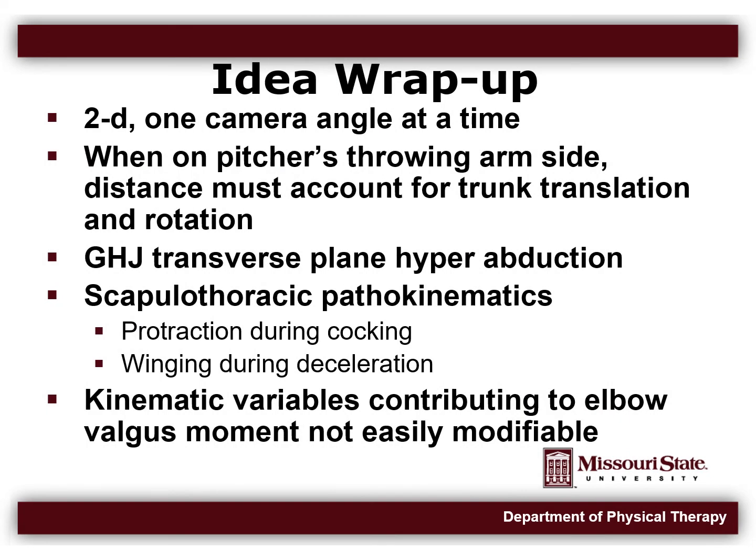So in wrapping up, one more thing that we want to review is that there's a lot that we can do, especially with the scapular control and tightness of perhaps the protractors, especially the pectoralis minor, and performance of the retractors to help the pitchers and high velocity throwers distribute the torque that they need to generate in order to throw the ball at high velocities.